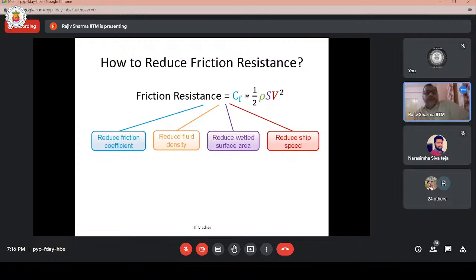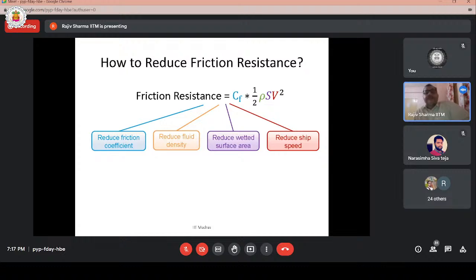So you have no control on the water density. Wetted surface area is coming because of the nature of the ship, whether it is full or fine. That also is governed by the economics, so we have no control. Ship speed, again, it is governed by the economics. We have no control.